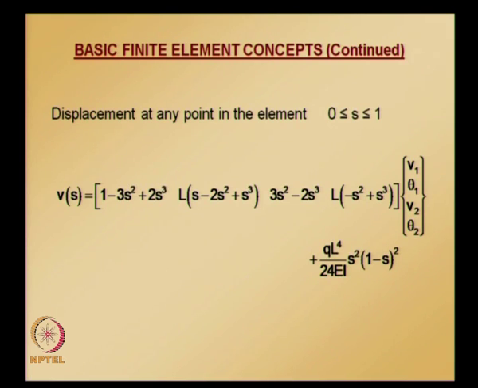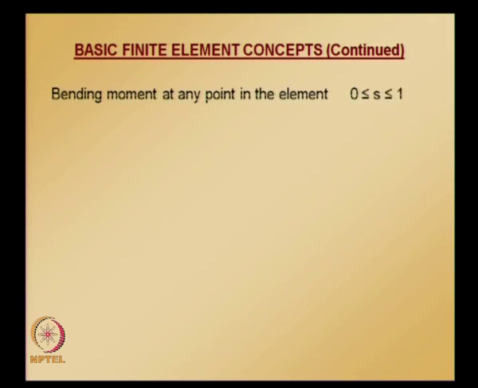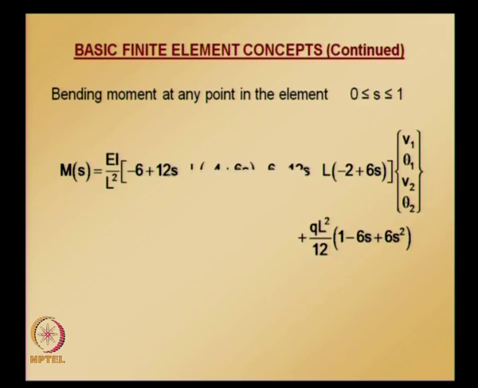The second term is the correction factor, which comes from the fixed end solution. And for bending moment at any point, once we get the nodal values, as usual we can calculate bending moment at any point along the beam length, and to that we add the fixed end solution.